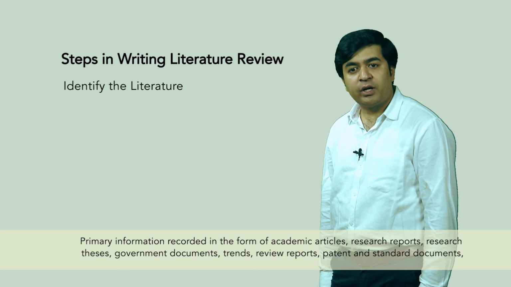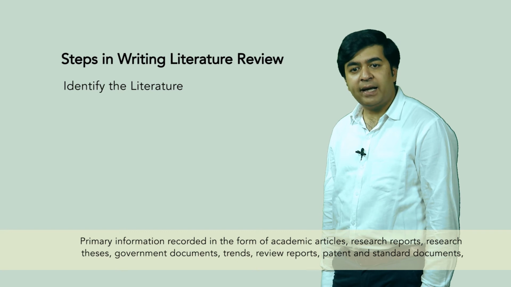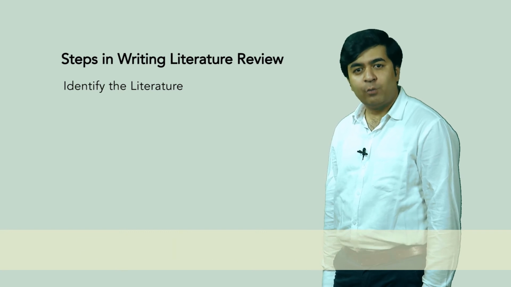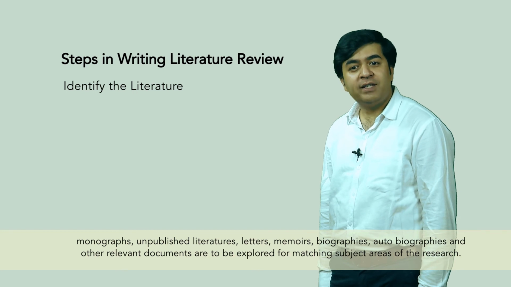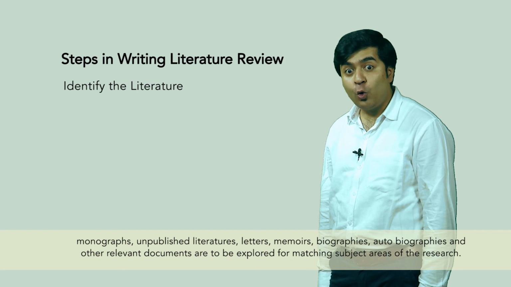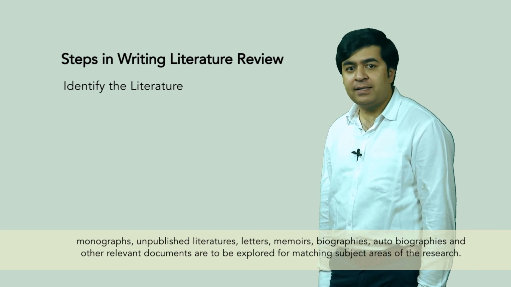Primary information recorded in the form of academic articles, research reports, research theses, government documents, trend review reports, patent and standard documents, monographs, unpublished literature, letters, memoirs, biographies and autobiographies, and other relevant documents are to be explored for matching subject areas of the research.